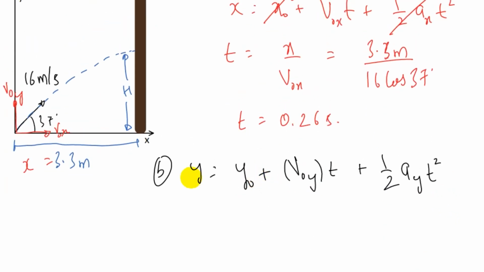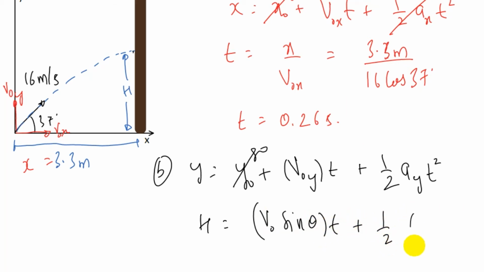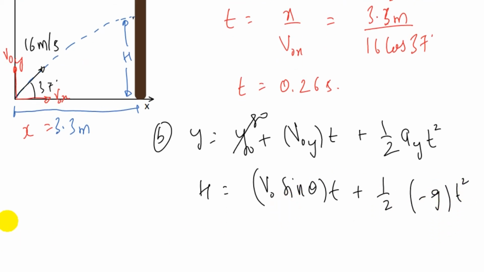Now y naught is 0 here, v naught y we have v naught sine theta. Now we have to find the height, so this final position becomes h, and time we know it is 0.26, so we can solve it for h. So plus 1 over 2 a y, we have minus g, and t squared. Now we can put all the values here to find h.